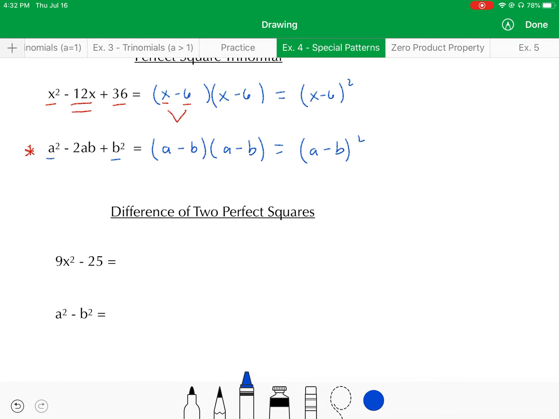Okay, so 9x squared minus 25. Notice that 9x squared is a perfect square, and then 25 is a perfect square, and there's subtraction there, so difference of perfect squares. This will factor to 3x plus 5 times 3x minus 5.